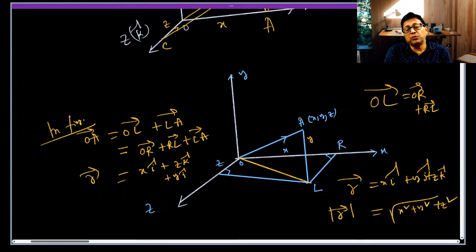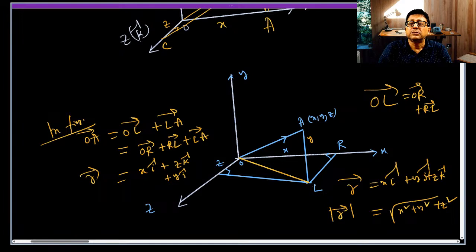What is the modulus of a two-dimensional vector? That will be root over x square plus y square. In 3D it is under root x square plus y square plus z square. In 2D it will be under root x square plus y square only.